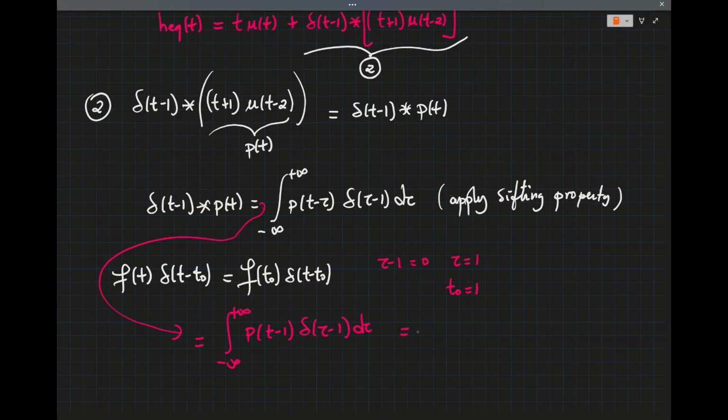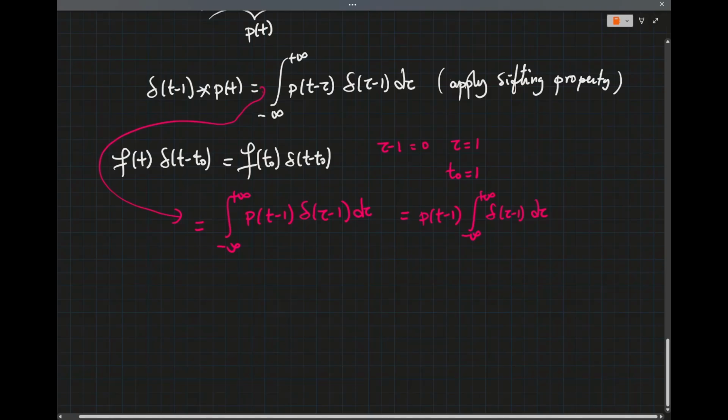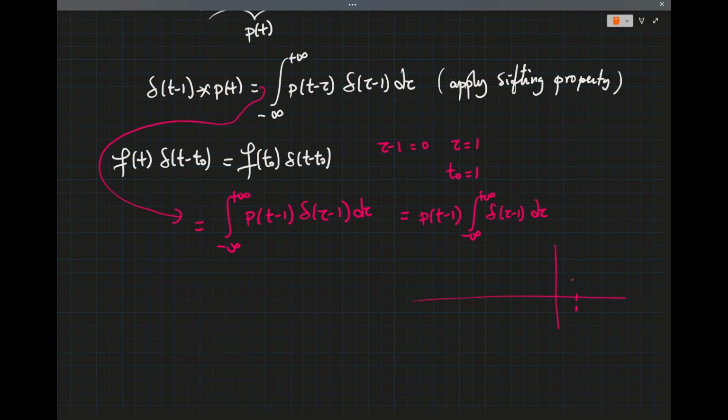So p of t minus 1 does not depend on tau, so we can pull that outside the integral, minus infinity to plus infinity delta of tau minus 1 d tau. But we know that the delta function happens at this point 1, and is 0 everywhere else.